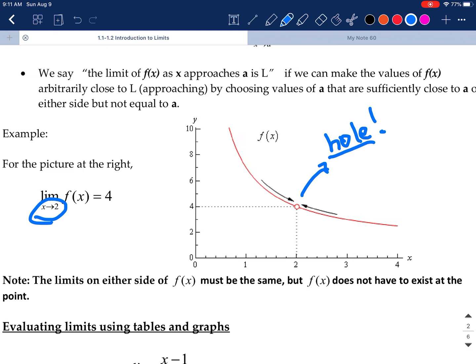So there's a hole at x equals 2, but we still say that the limit as x approaches 2 of f of x equals 4. So why do we do that? Well, because what a limit is describing is what happens as we get arbitrarily close. And that's the key.